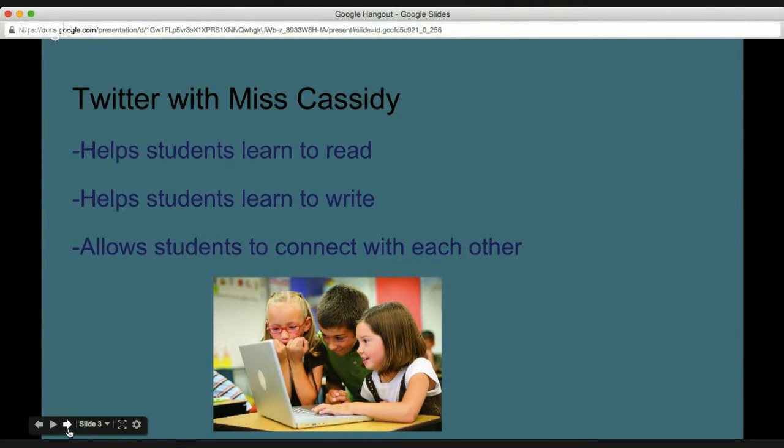And you can get a lot of information out of 140 characters, so it's a good place for them to learn that kind of thing. It also allows students to connect and interact with students in different classrooms. So that's why Ms. Cassidy's class used it, and her students say that they think it's really fun. So it will be a good thing for younger people.